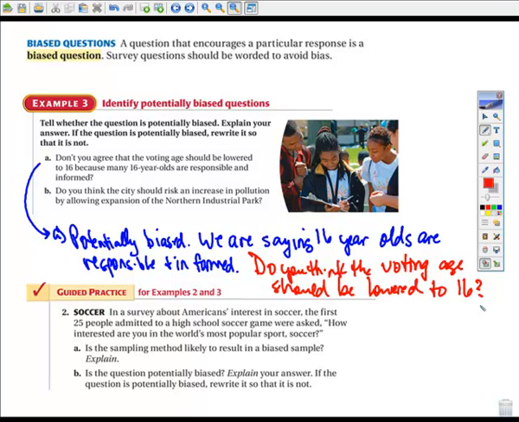Letter B: Do you think the city should risk an increase in pollution by allowing expansion of the Northern Industrial Park? Again, this is potentially biased because we're asking about the increased risk of pollution.